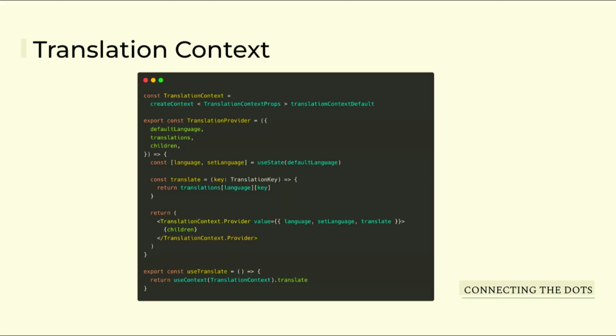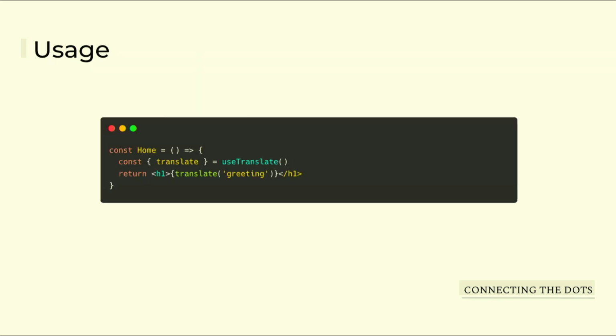Like you can see here, we have the translation context, which basically wraps around your application and exposes the useTranslate function. This allows you to easily access translations within the components or pages of your application. You can simply call the useTranslate function and pass in the locale key in order to get the translation for that particular key.